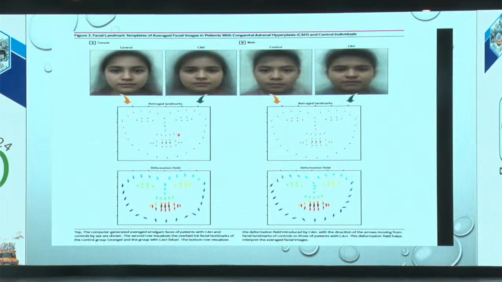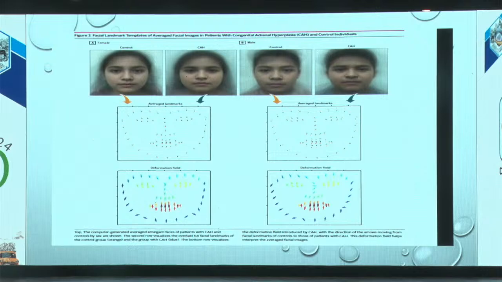The arrow marks indicate the deformation of the nose, the deformation of the facial philtrum, and the deformation of the chin. The same thing here. You can actually see the nasal deviation, the deviation of the chin, versus somebody with CH, and the facial features.